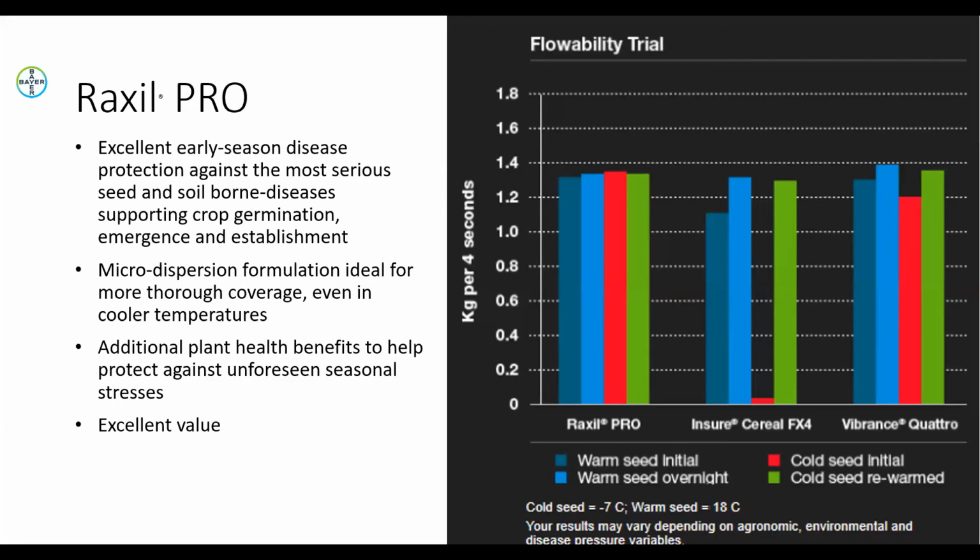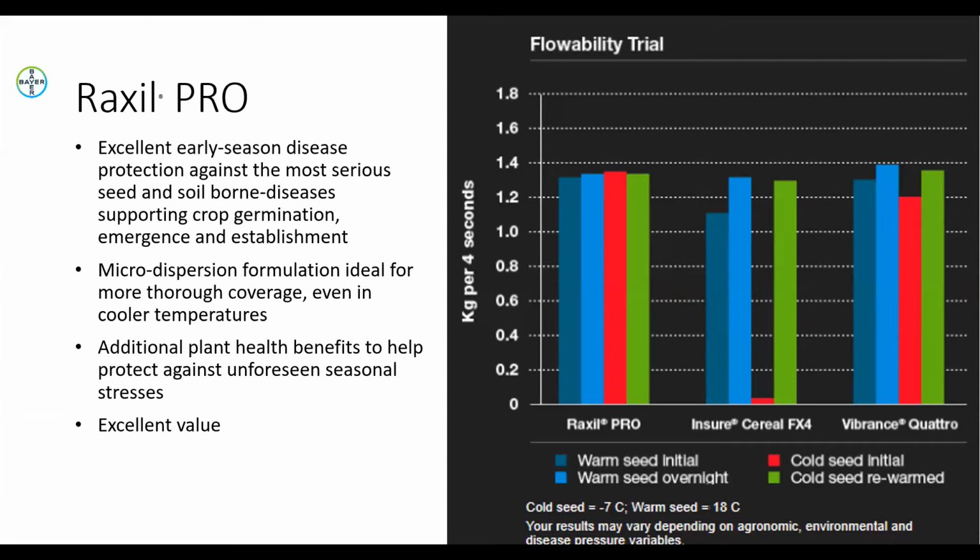Like I said, excellent early season protection against seed and soil-borne. Our formulations are microdispersion, so it gives you ease of application in all kinds of temperatures, cool, warm, you name it. Our products work fantastic and don't vary a whole bunch in your application.